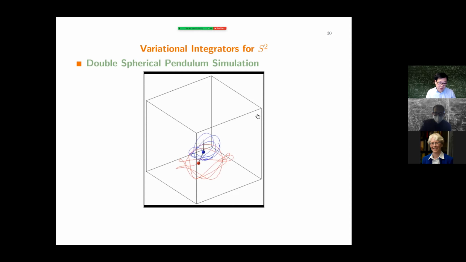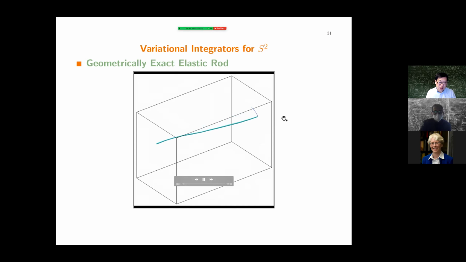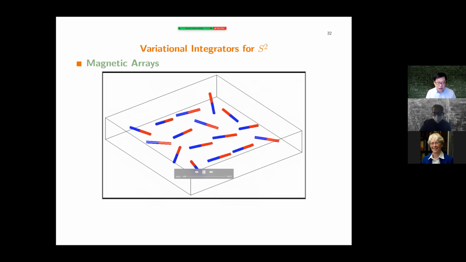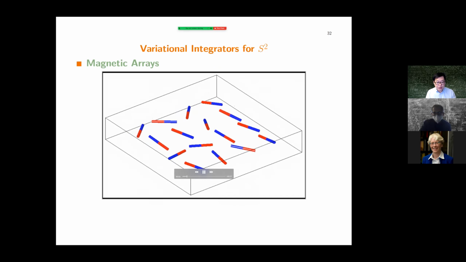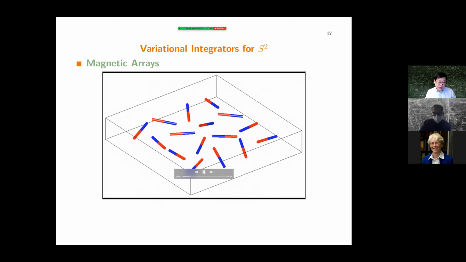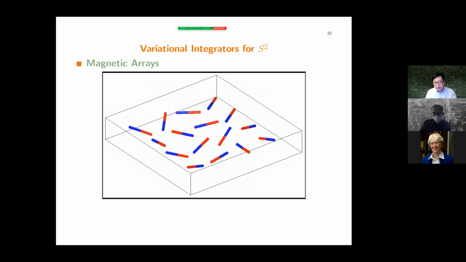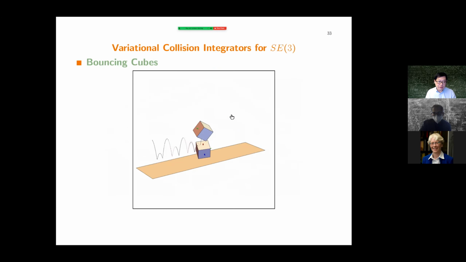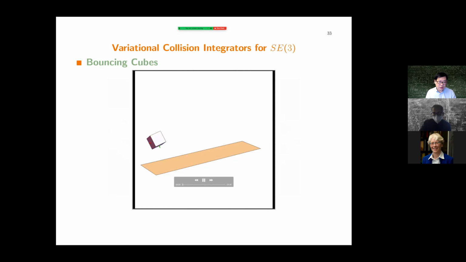You can use the same kind of idea to do geometrically exact elastic rods. You can do magnetic arrays. So if you're trying to model something where you have directions in a fluid, and they interact in some way, you can model those things. And then more recently, we've applied this to collision algorithms. So this is just a simulation of a dice, a cube, but with slightly different initial conditions.